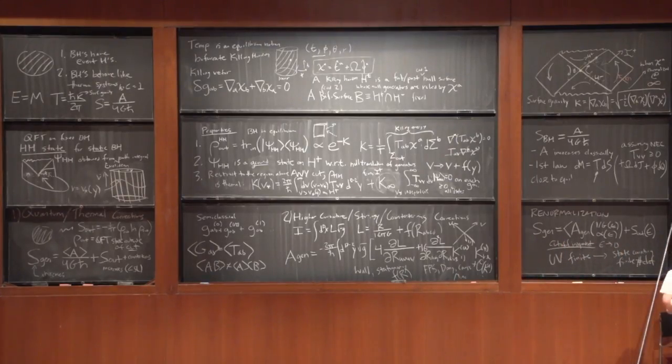So the hypothesis is that black hole entropy is statistical mechanical, and that it counts the degrees of freedom that are somehow at the Planckian structure.